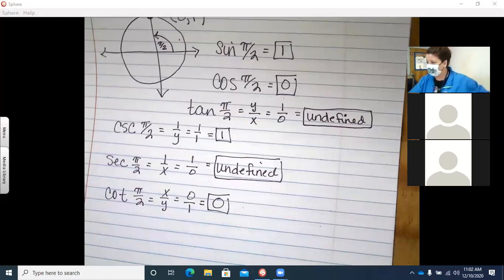Coolio? All right, example 4. Just drawing a circle.